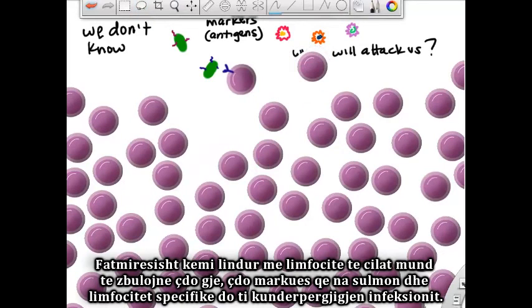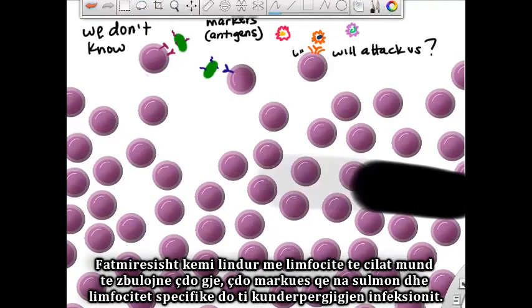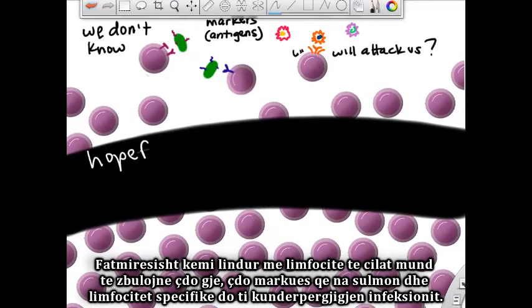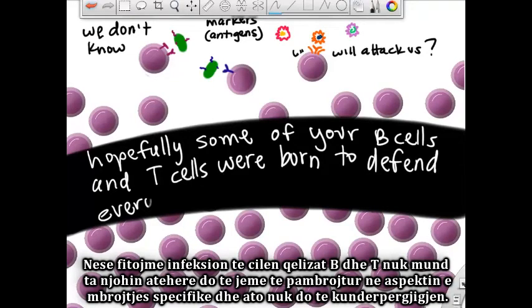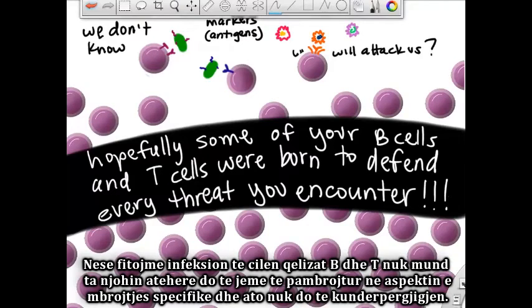Well, luckily, hopefully, you're basically born with lymphocytes that can detect anything, any marker that you get invaded with. And those specific lymphocytes will respond to what you get infected with. If you are infected by something that your T cells and your B cells can't recognize, well, then you would be defenseless in terms of your specific defenses, and they wouldn't respond.